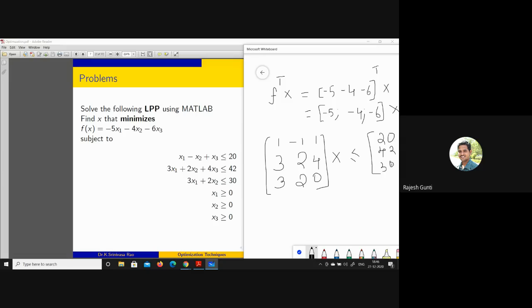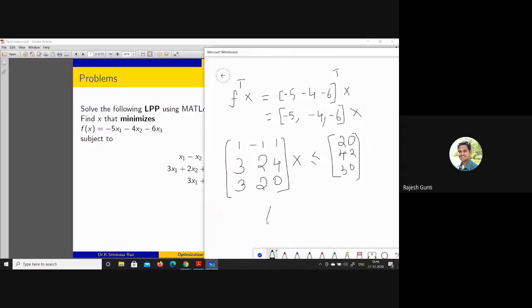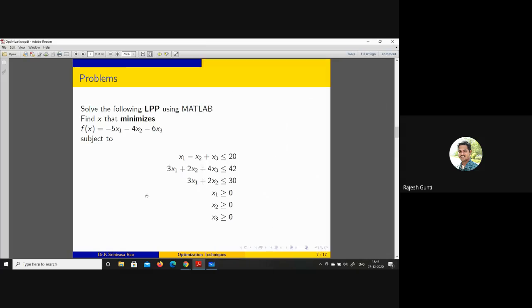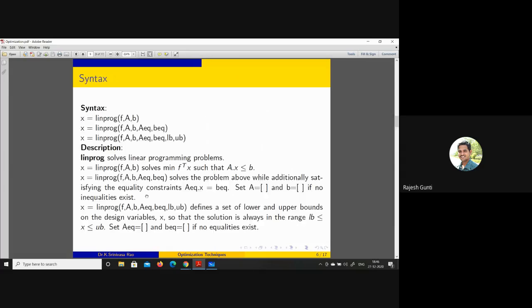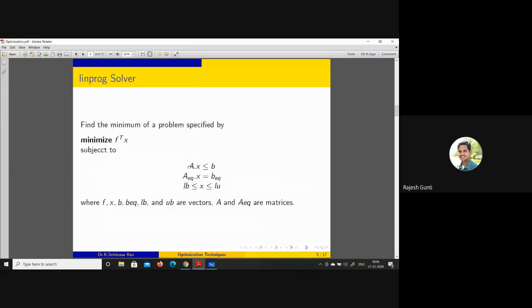This value we mention like this. In the previous slide, we wrote this as Ax less than or equal to b. That is the meaning of this one.